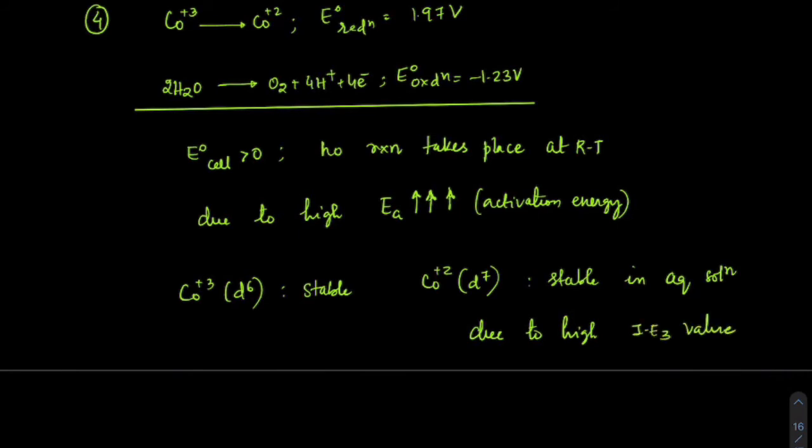If you consider the third ionization of cobalt plus 2, it is very high. Because of that reason, it would tend to go in the forward direction. Is that clear?